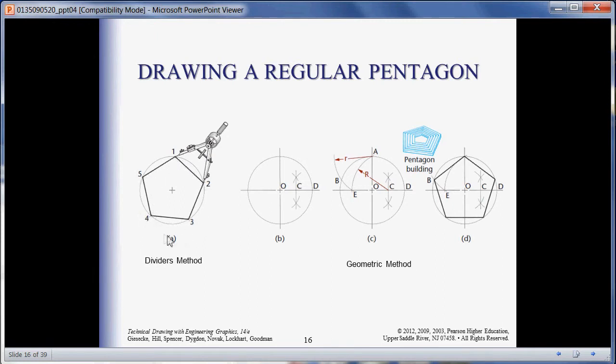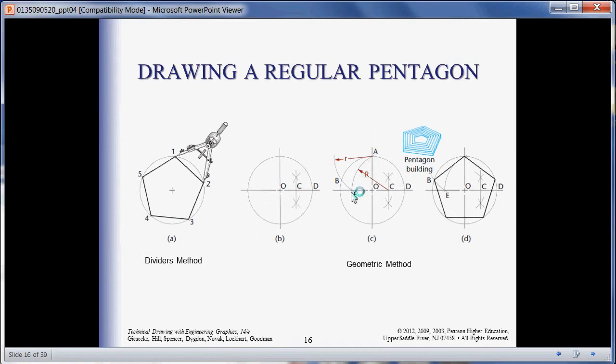By geometric methods, what you can do is set yourself up here with a coordinate system and then a circle in the coordinate system. Then you want to bisect the segment between O and D. Okay? That gives you the midpoint right there. Then you establish your compass here, establish it from there to the top apex, and swing an arc.